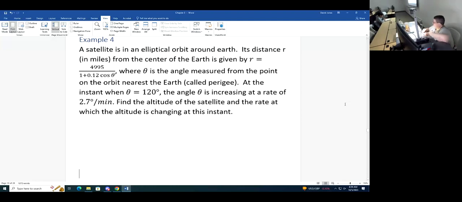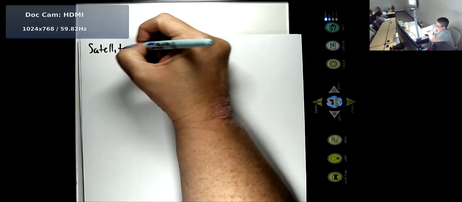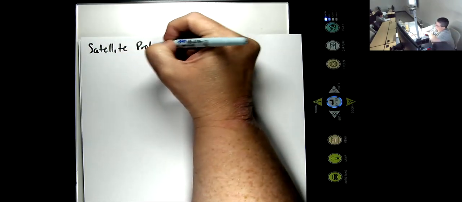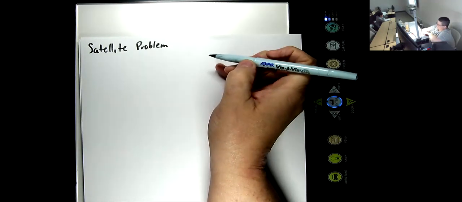Okay, let's do a little sketch. It says the satellite is in an elliptical orbit around Earth. So, satellite problem. It's in an elliptical orbit around Earth.